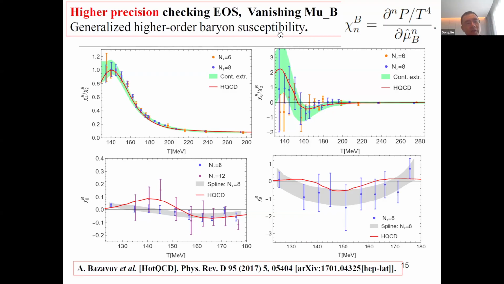This is based on the previous data, with the latest data extended to higher precision. We include the higher precision data to determine this holography model more precisely. And you see that the holography prediction is great with the latest data. Typically, this is a continuum extrapolation from the latest simulation, and you can see that our model agrees quite well.